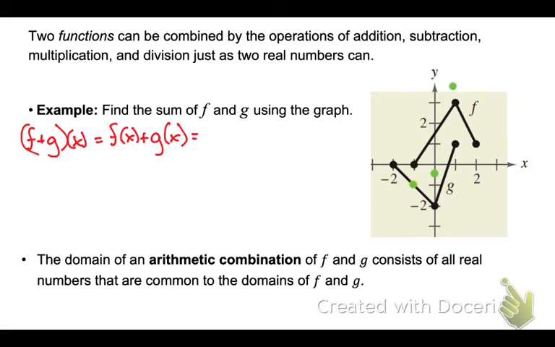Now at 2, f exists. Does g? No. So our addition of these two is that, correct? Okay, if the domain does not exist, then you cannot add them. Got me? Okay. Questions on this?